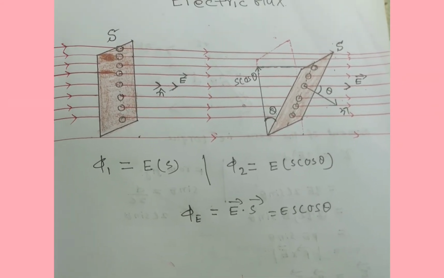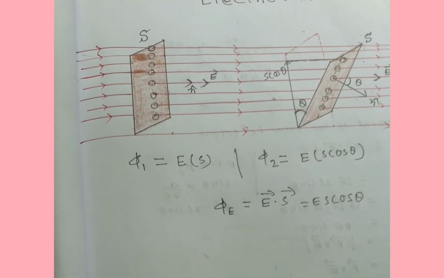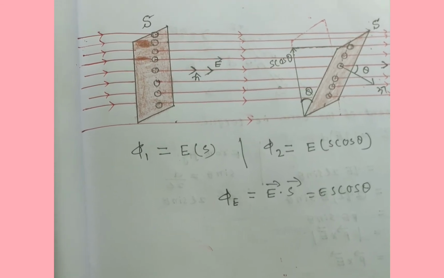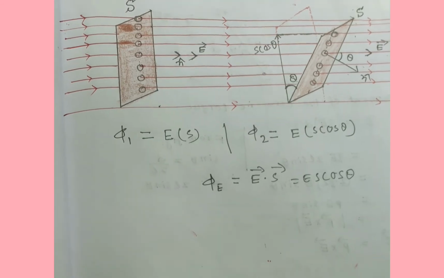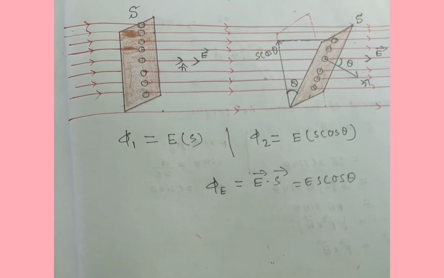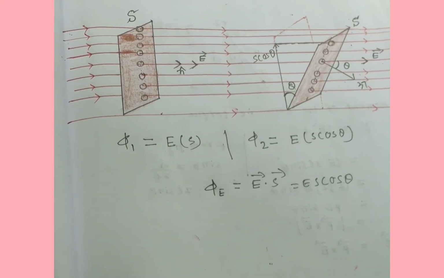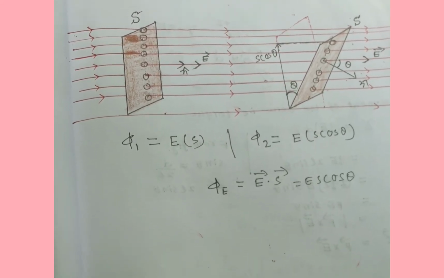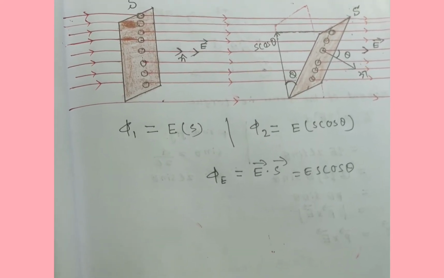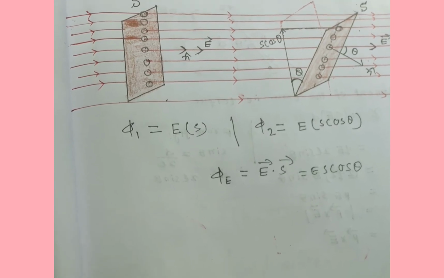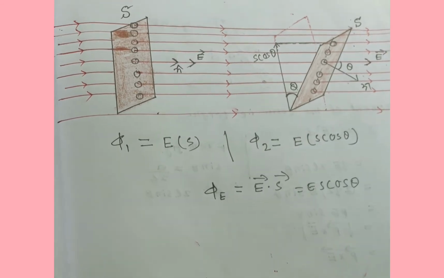Here we have taken the electric field E as uniform and also the surface as symmetric, but the electric field may be non-uniform and also the surface may not be symmetric. In that case, the electric flux may be different.